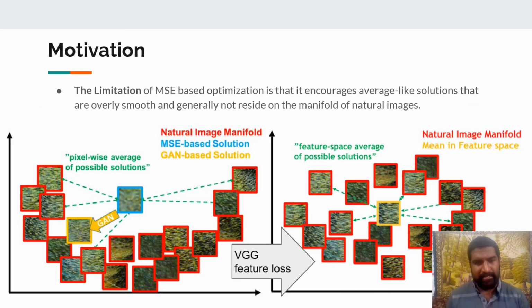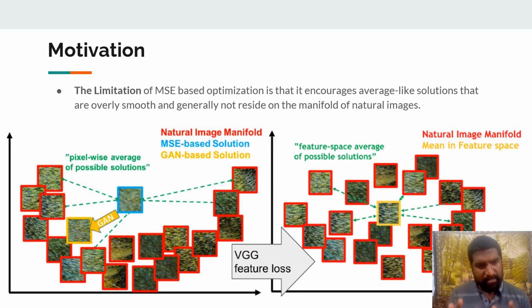As I explained in the previous slide, what motivated the research team is that MSE based optimizations have their limitations because they encourage average-like solutions. As you can see on the graph on the left, the image surrounded by blue color shows the MSE based optimization, which is a pixel-wise average of all the possible solutions, and that is not really good.